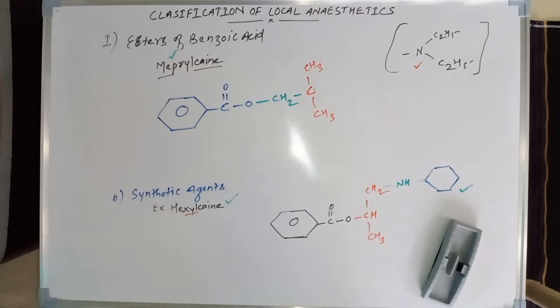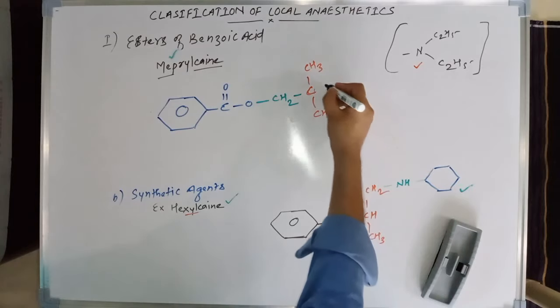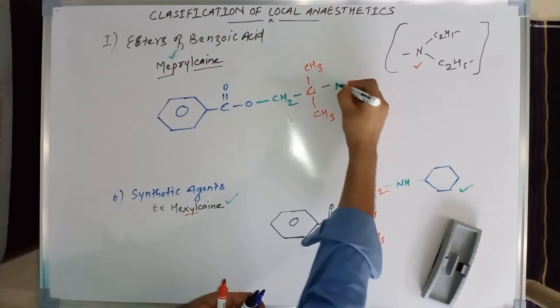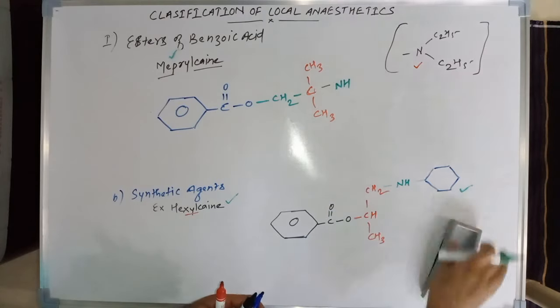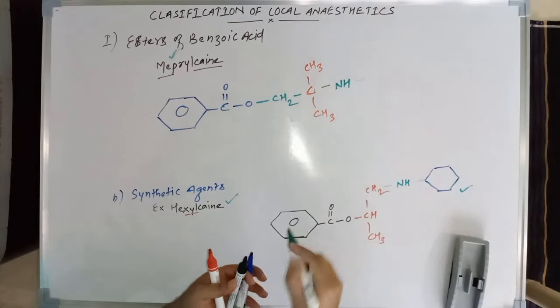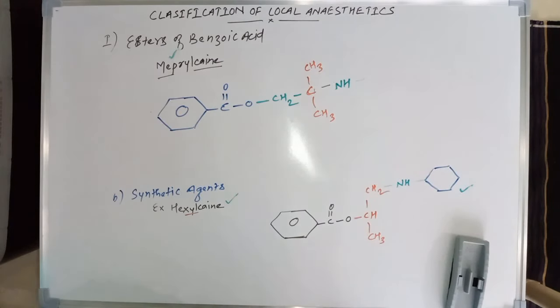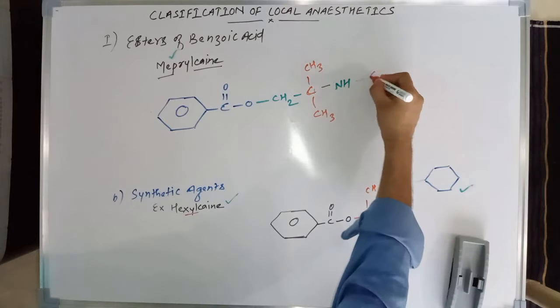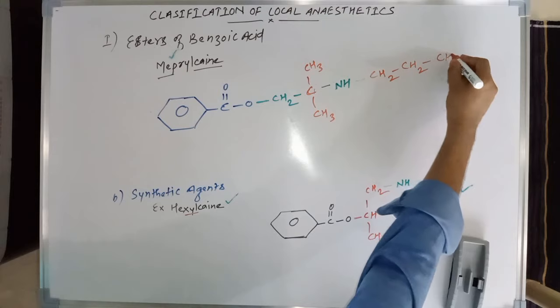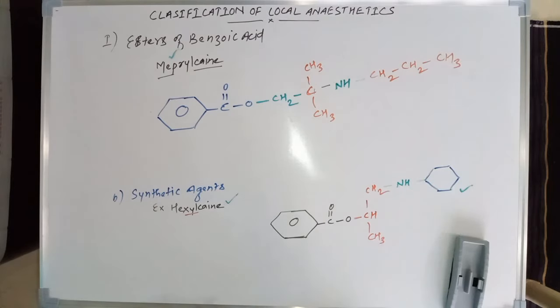Then comes NH, and on this NH comes propyl, CH2, CH2 and CH3.